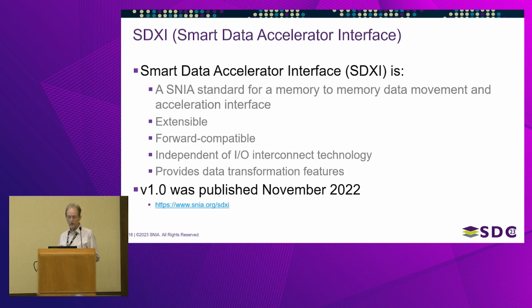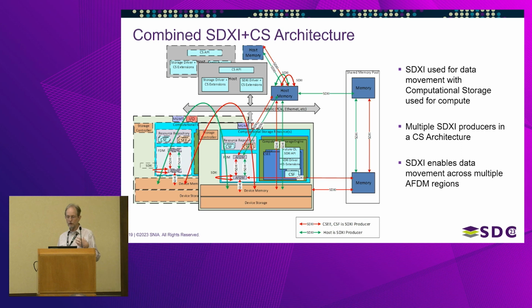So with that, what are we looking at doing with combining SDXI and the computational storage architecture? So you see a lot of things on here. A couple of key things to note on this particular slide. And again, there's another presentation that will dig into the deep details of this coming up actually tomorrow, I believe.